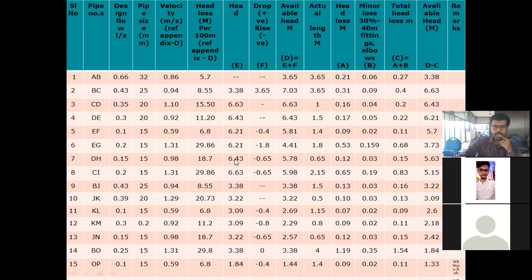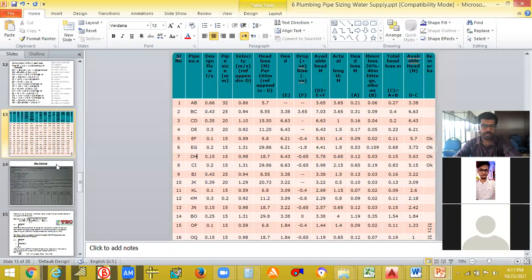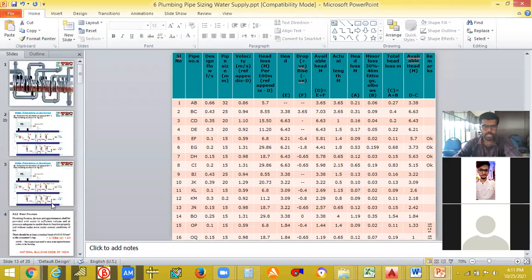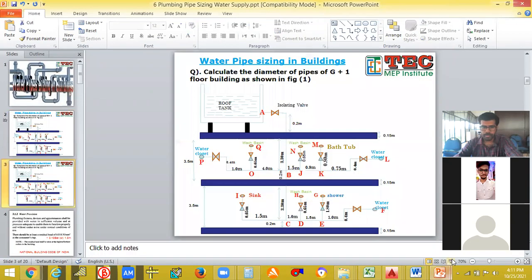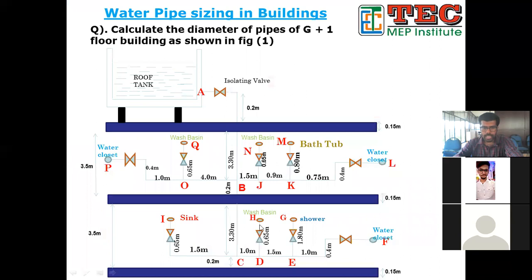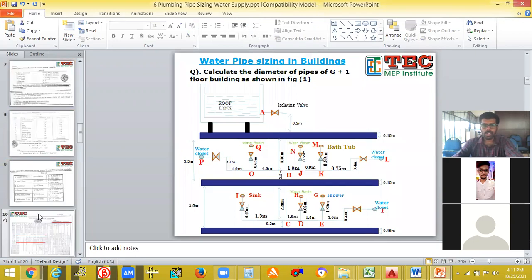So let's see what is the relation between DH and CD. For DH and CD, there is a common point called D. So this D will be the head. Are you clear?